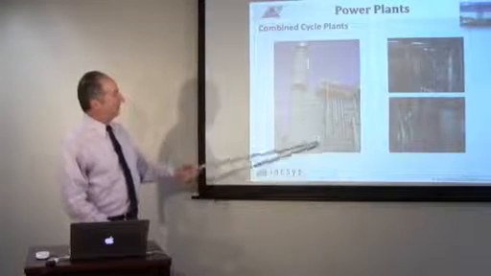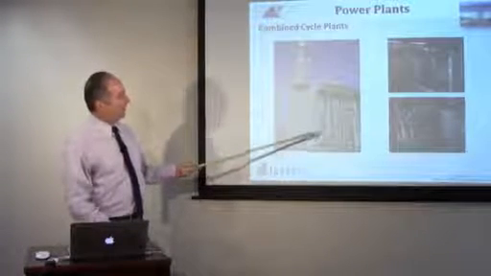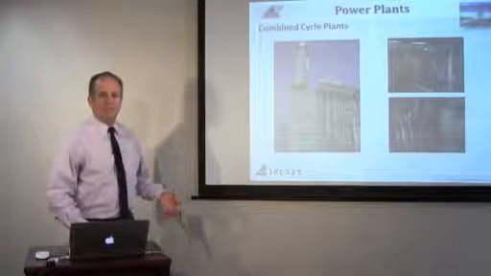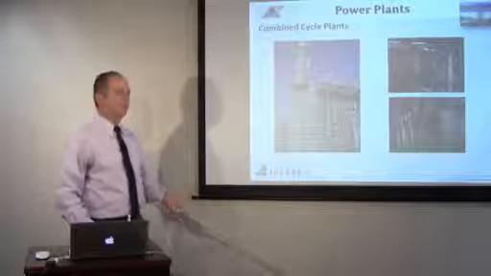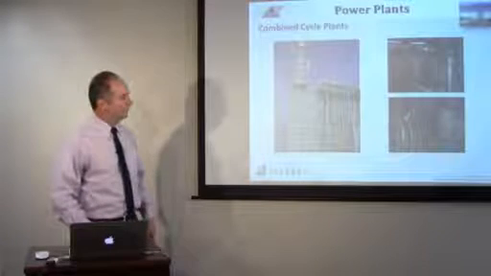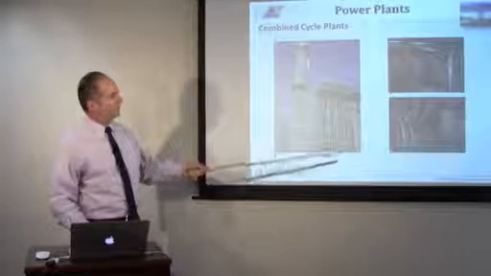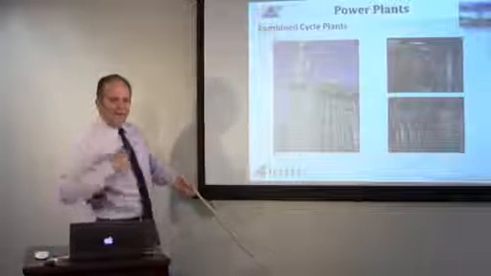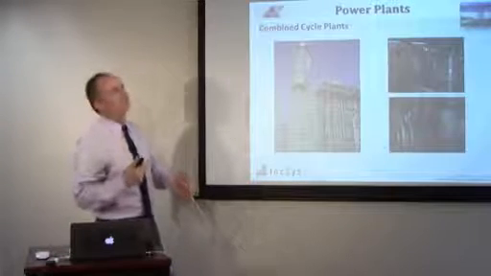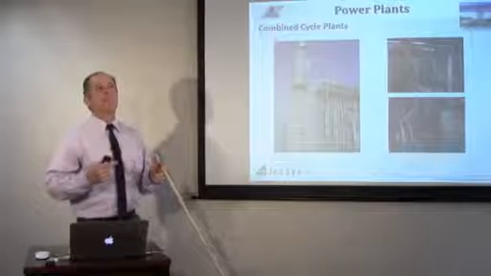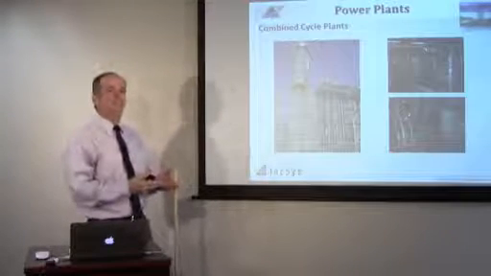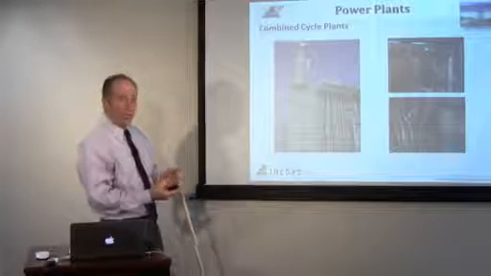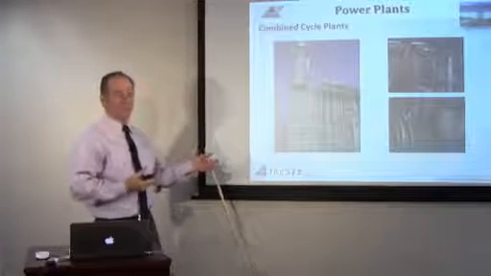Okay, here we have a combined cycle. In this case, we have a jet engine that's being run by natural gas or some type of fuel to run the generator. The exhaust from the jet engine, the thrust out of the back of the jet engine, is turning a turbine, which is producing electricity with a generator.